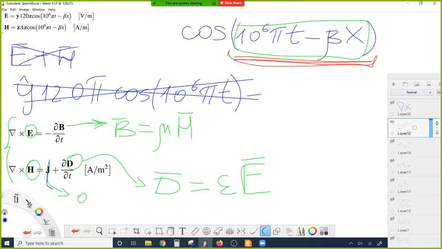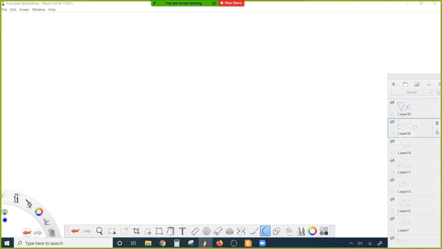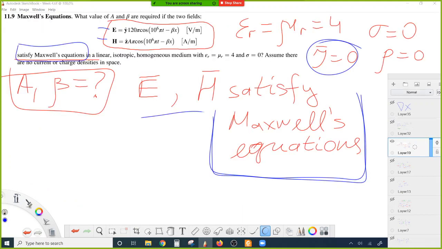Here J. Okay, it is given in our problem: assume that there are no current and charge densities in space. No current density and charge density means that current density will be equal to 0, yes?